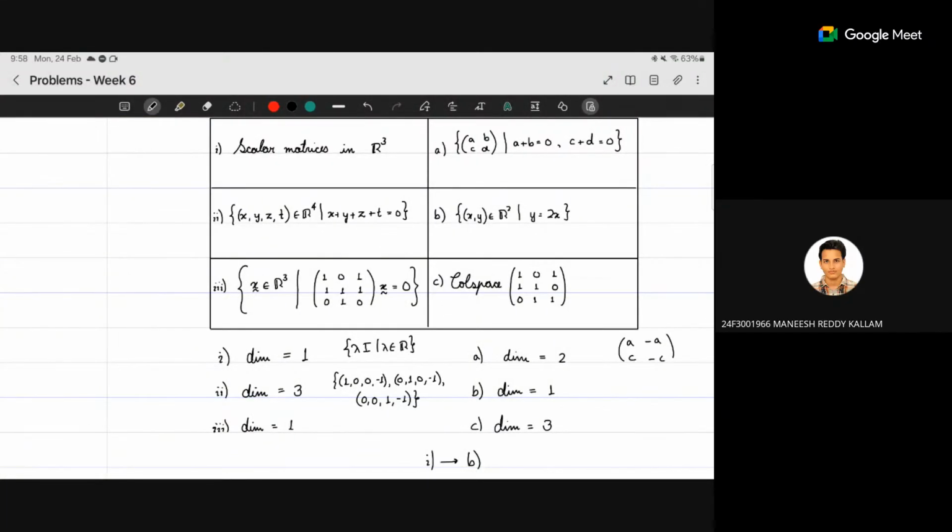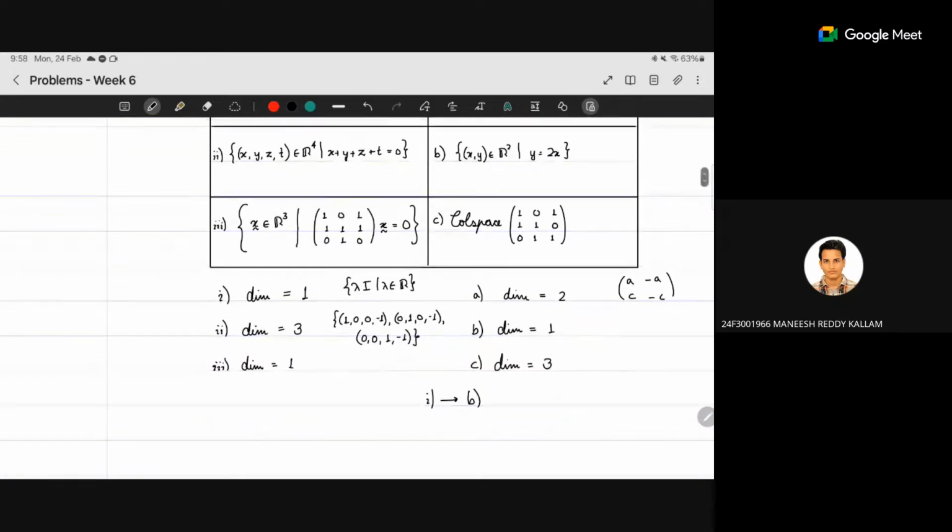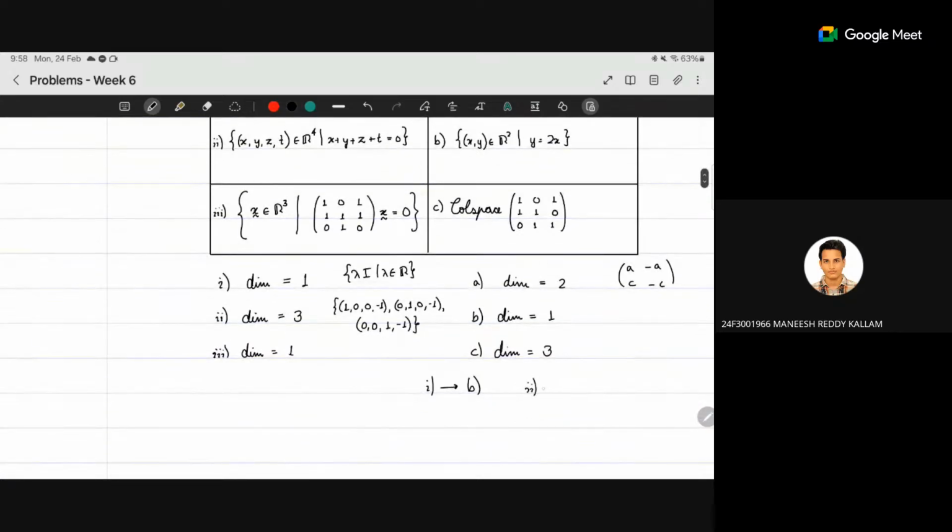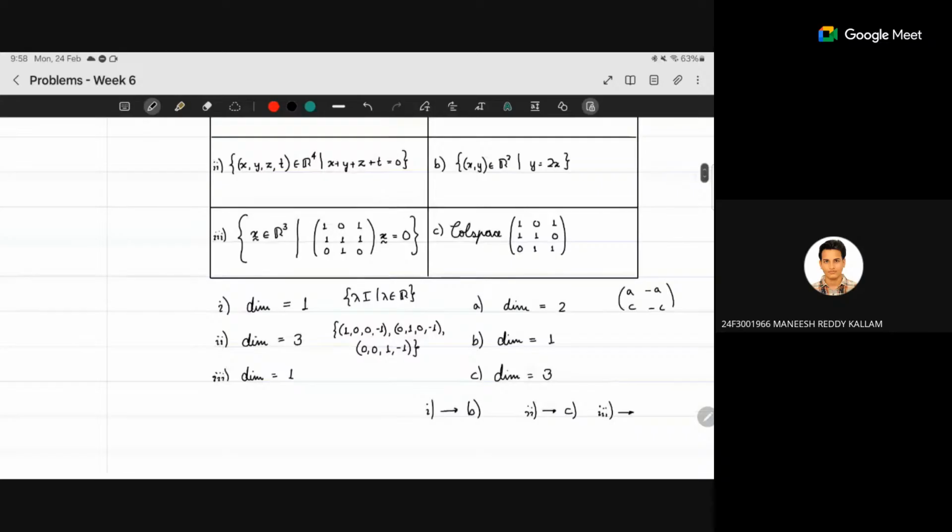That's the concept, but I think the one who was asking wanted an explicit isomorphism. They are saying statements of both the things. He's confused how scalar matrices are mapped to y equal to 2x. Yeah, he's correct.